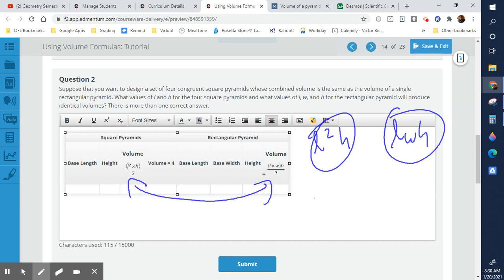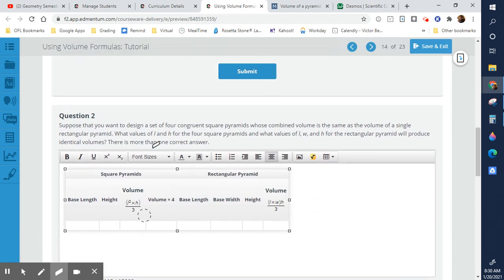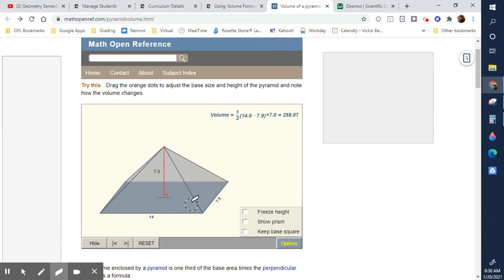But let's say we had something like 3 squared and, I don't know, 5. This means our product is 45. So in order to make this the same, we would have to have the products be the same. And you guys can do this with any numbers you want. So I'll leave that up to you. You can just mess around with this.